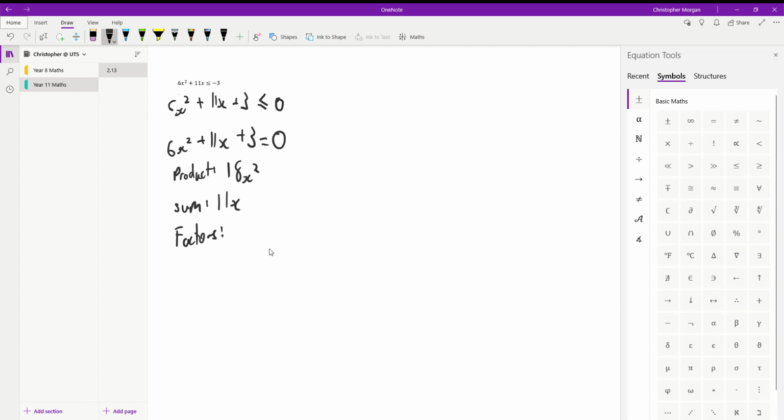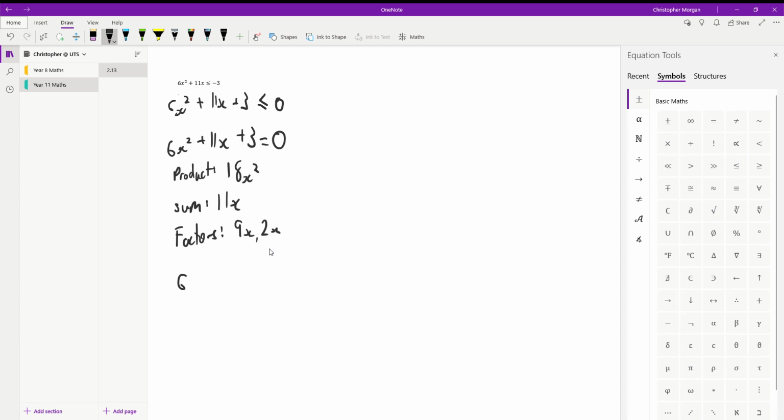2 numbers that come to mind, they should both be positive numbers. So we got 6 and 3. No, not 6 and 3. 9 and 2. So 9x and 2x. Okay, so here we have 9x and 2x. Those are our 2 factors.